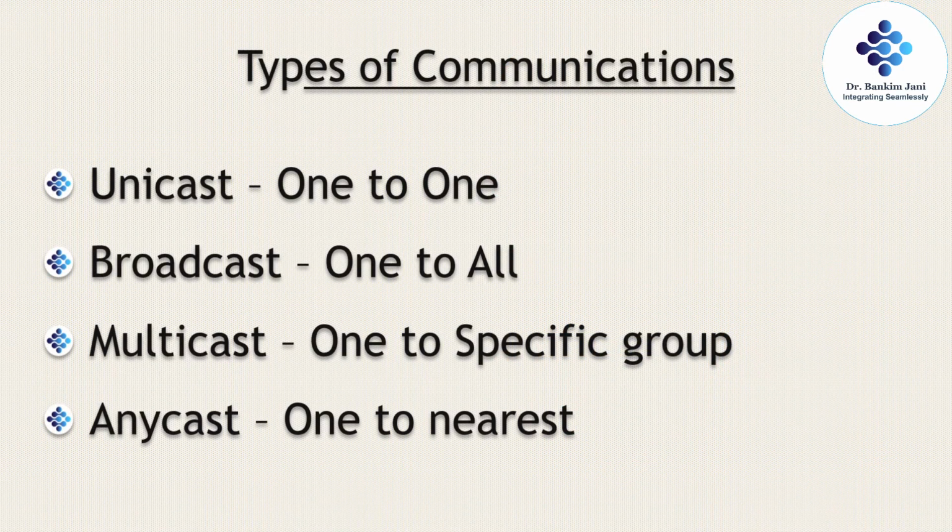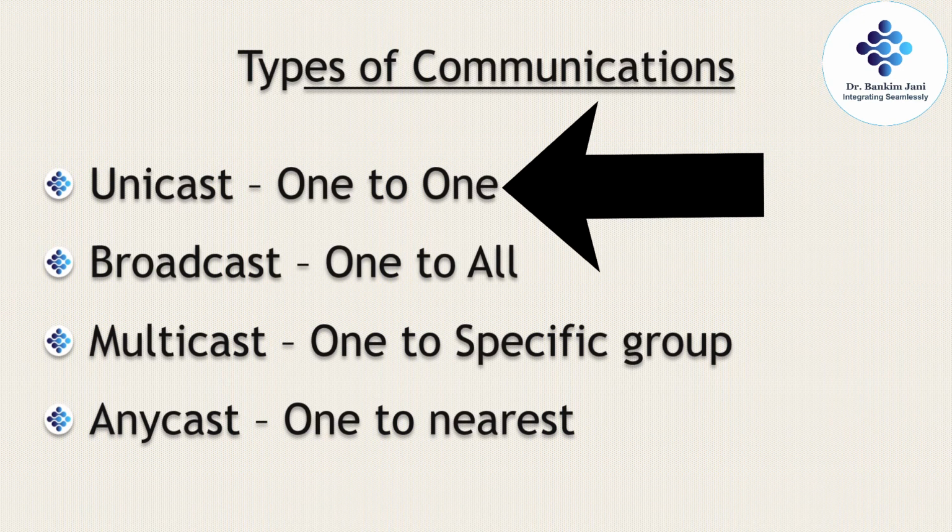So at this point, let's have a bird's eye view of various types of networks and communications. A network is, as discussed, when devices talk with each other to share information and resources. This communication can be of four types. First, unicast, that is point-to-point communication, one-to-one.